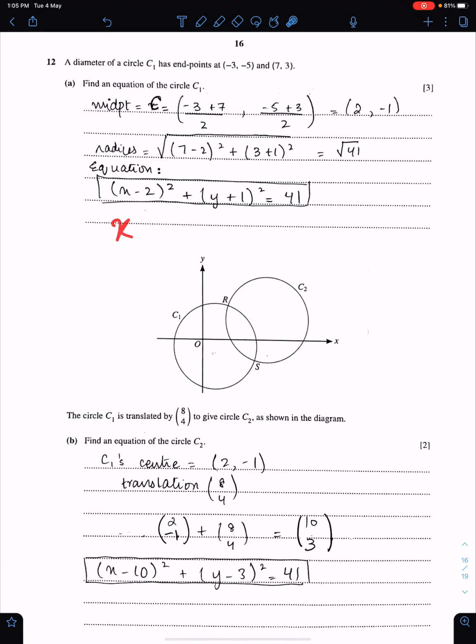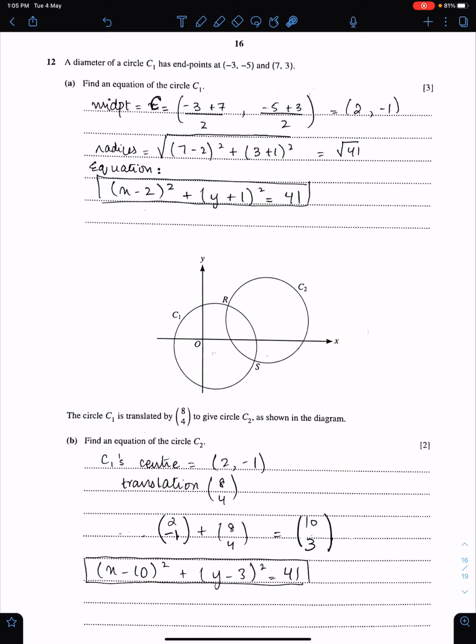I use this equation, the standard equation of a circle: (x minus a) whole squared plus (y minus b) whole squared is equal to r squared. The circle C1 is translated by the vector (8, 4) to give C2. This is simple, you did this in O levels: translation plus object will give you the image.